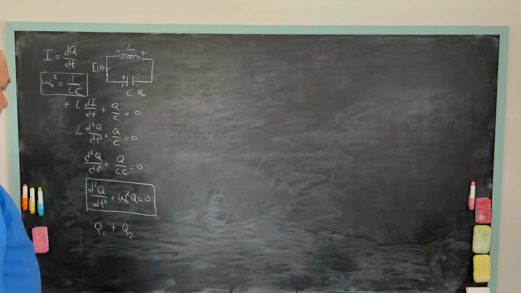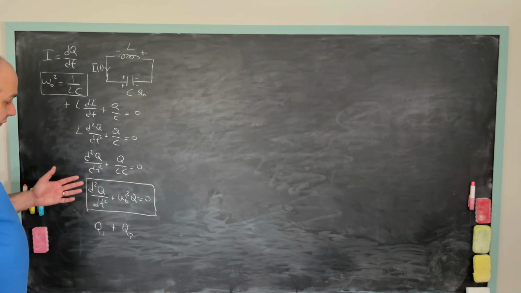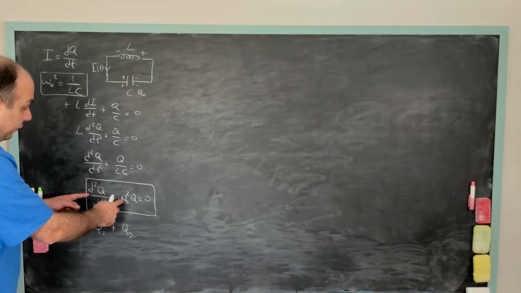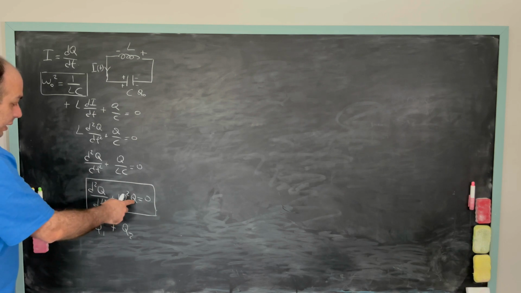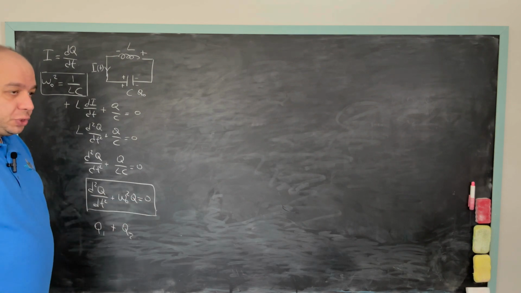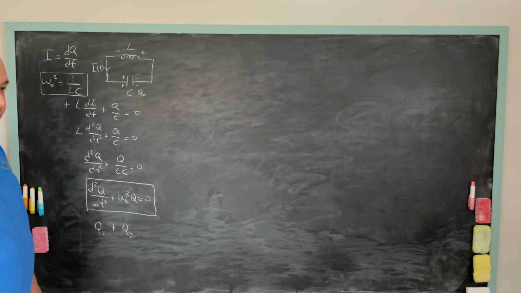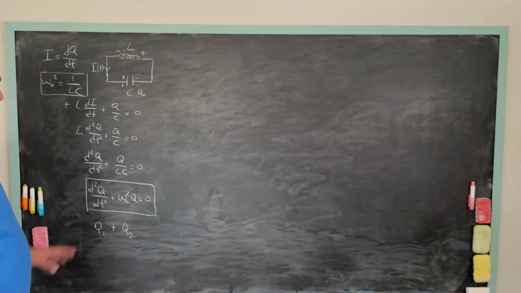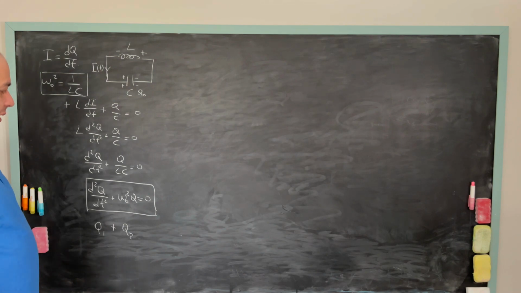This comes from the linearity. The coefficient of the second derivative is a constant, and the coefficient of q is a constant. And this is a homogeneous equation. In other words, the right hand side of this equation is simply 0. In the next step we will look at non-homogeneous differential equations as well.